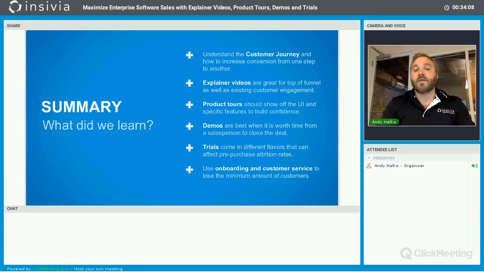Trials come in different flavors, but they can affect the pre-purchase attrition rates. If you have a good trial and a good setup and you use the right process and right tactics during a trial, you'll reduce the attrition rates that you have during a sale, as well as increasing the number of paying customers that you have. And then lastly, onboarding and customer service are huge pieces of making sure that you're successful.